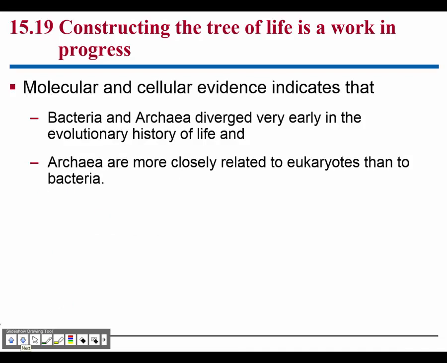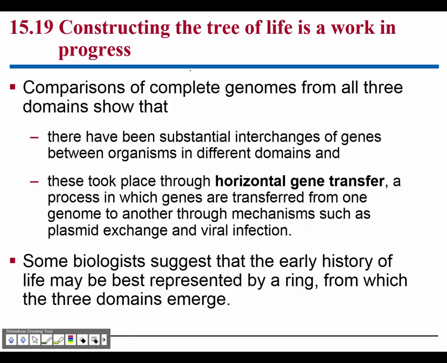So molecular cellular evidence indicates that bacteria and archaea diverged very early in the evolutionary history of life. And archaea are more closely related to eukaryotes than bacteria, which is very interesting, right?